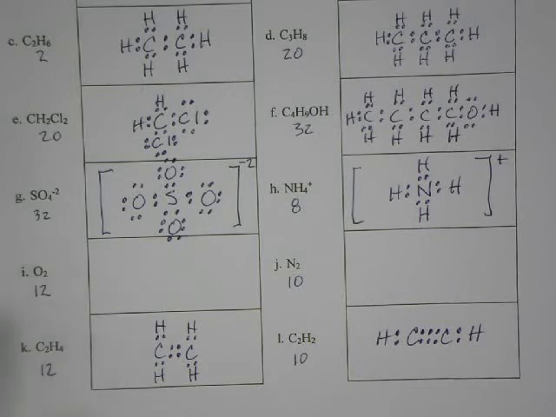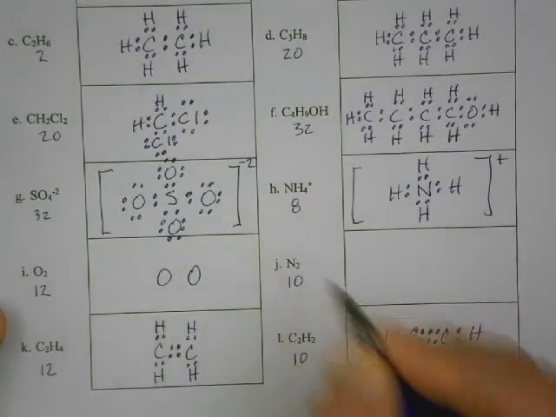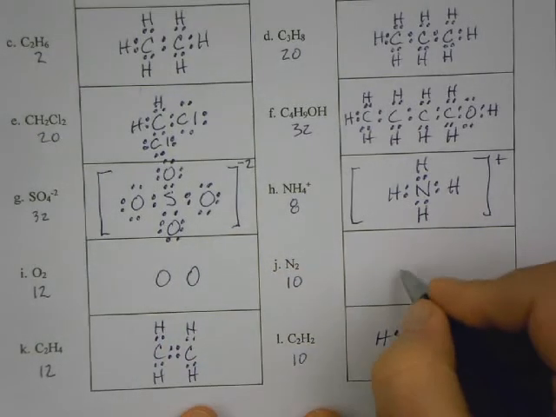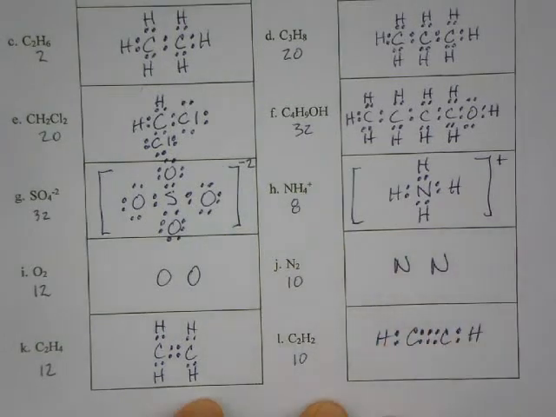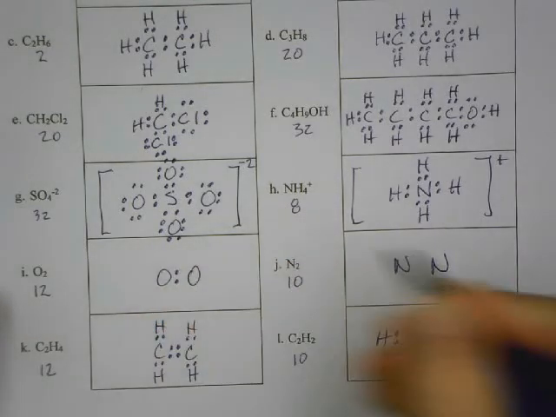So I wanted to jump down there, but now let's go back up to I and J. First off, these are diatomics, so I don't have to worry about the middle. That's got 2 oxygens. That's got 2 nitrogens. Okay, they have a bond.